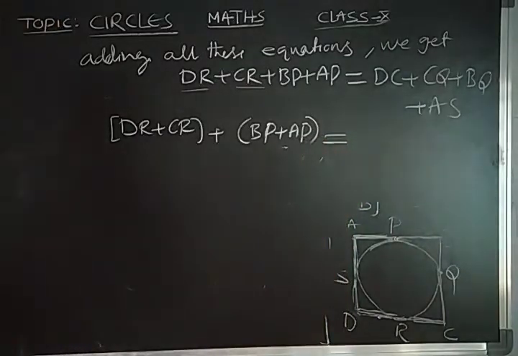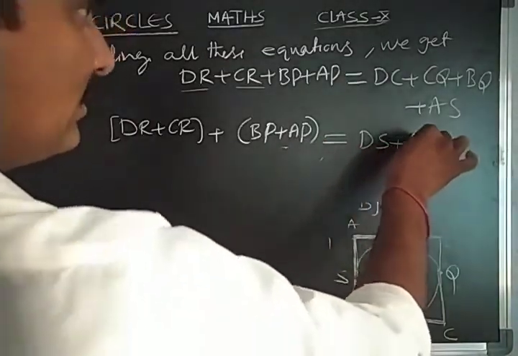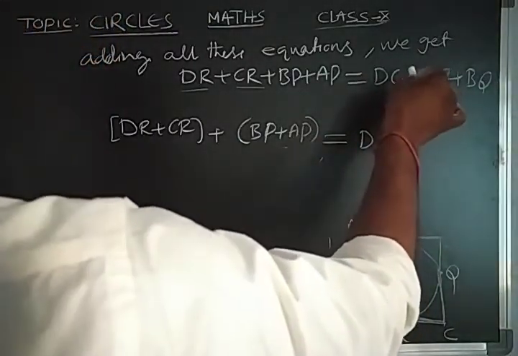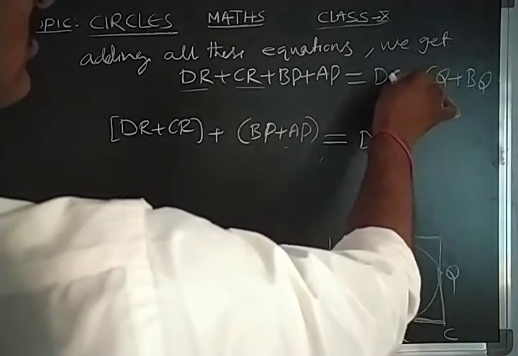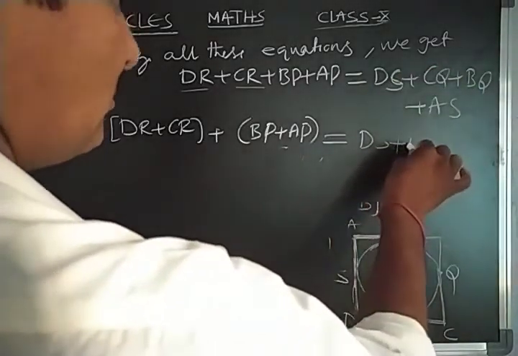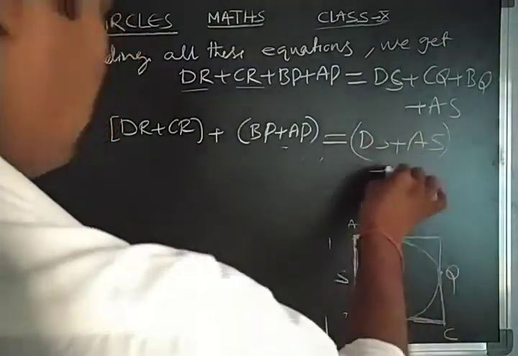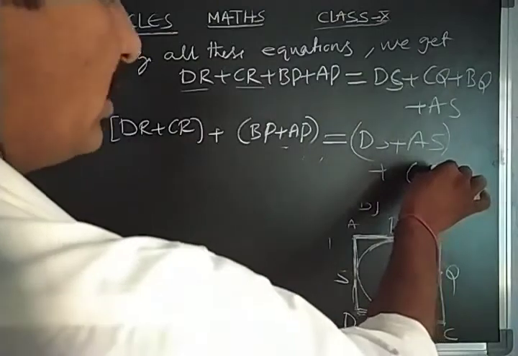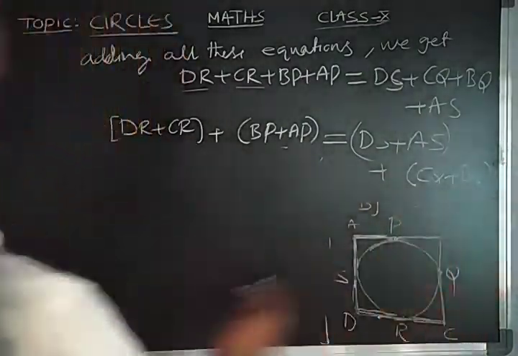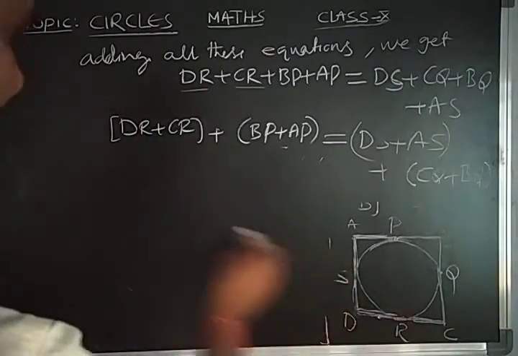Similarly, on the right hand side also, DS plus AS write together, this is DS not DC, plus next CQ plus BQ write together. Now in place of DR plus CR, what can we write?